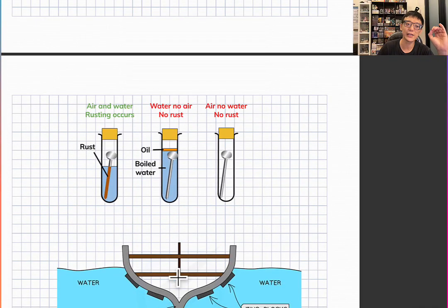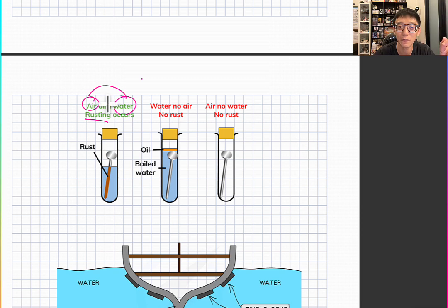The reactivity of metals also affects their reaction to their surroundings. There is a phenomenon where metals react with air and water to form what is called rust. In order for a metal to rust, air and water must both be present.